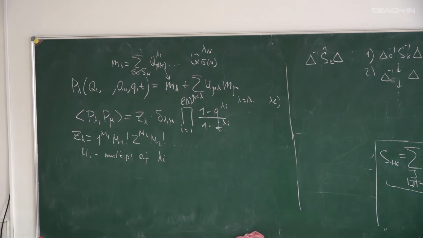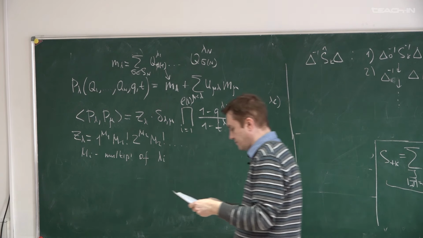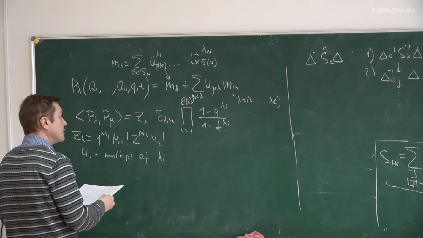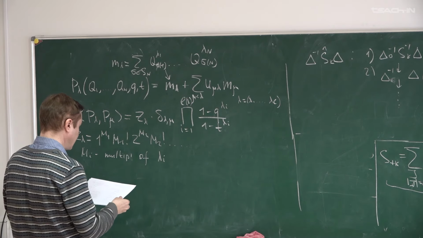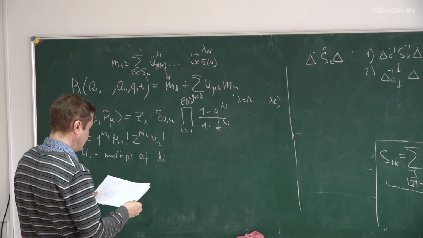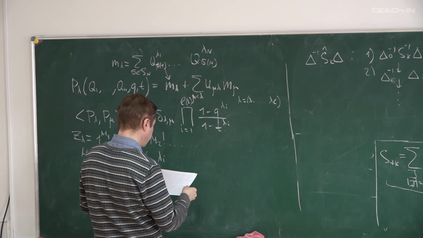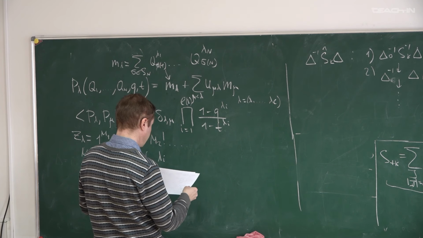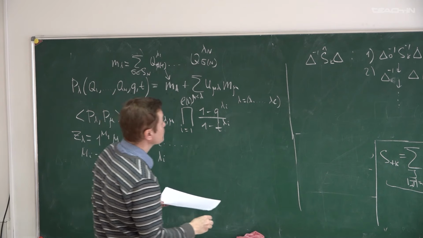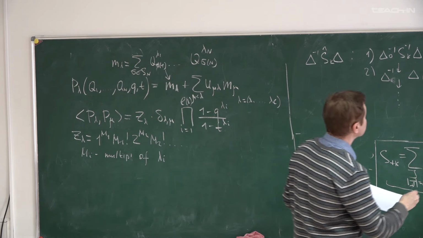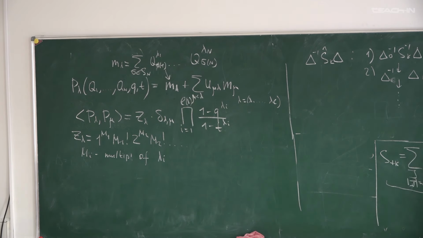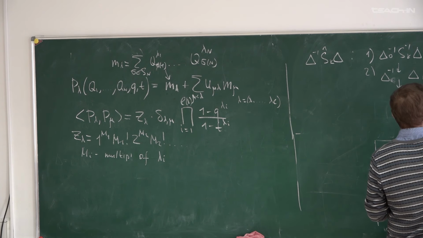And the statement is the following, that these McDonald polynomials are eigenfunctions. Let us write it like this. In fact these are McDonald operators without this factor, so maybe I should put a prime here.